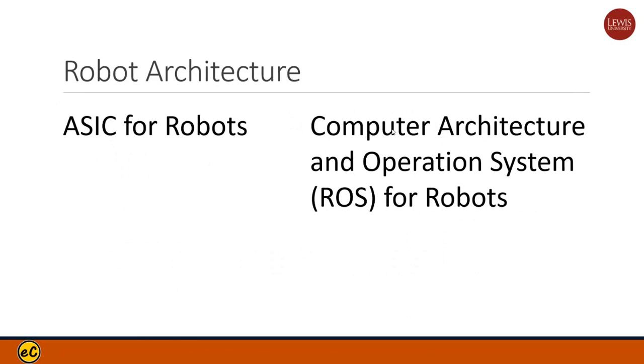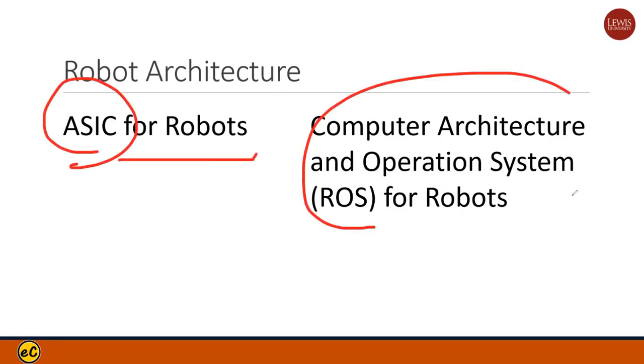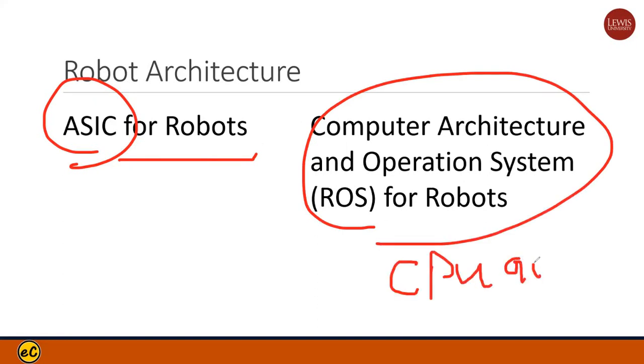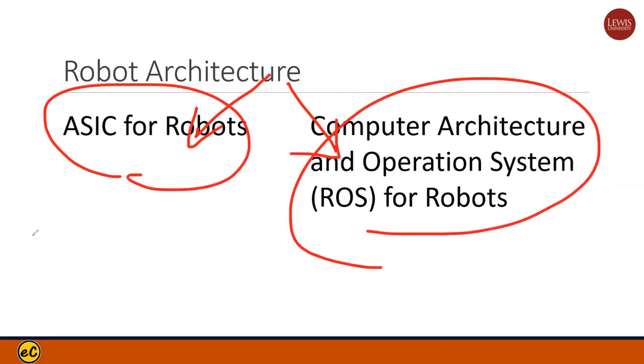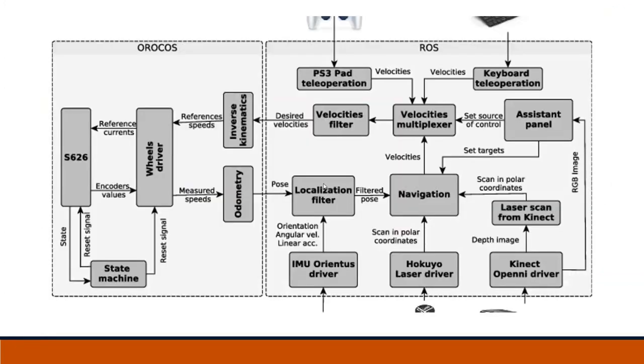Then you need to map your whole control system onto a set of ASICs. So one way, you map to an ASIC and you write your own FPGA to realize it. Another way is, let me map it onto a single CPU or GPU, and on top of it, I run a real-time OS, ROS. There is ROS for robots. So they are separate ways: custom IC or general purpose programming environment. These are the robot architectures you have.